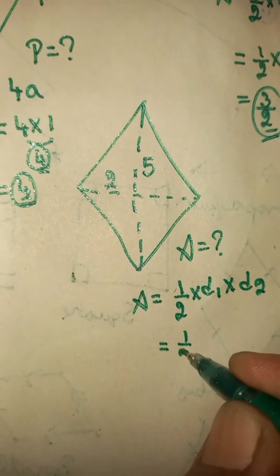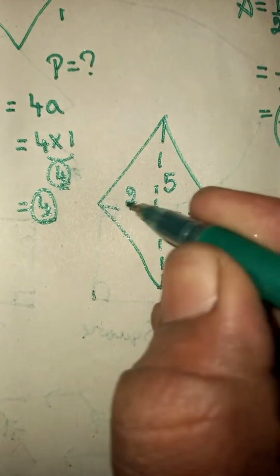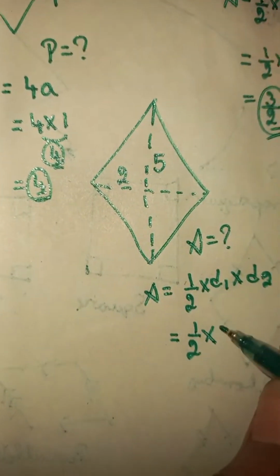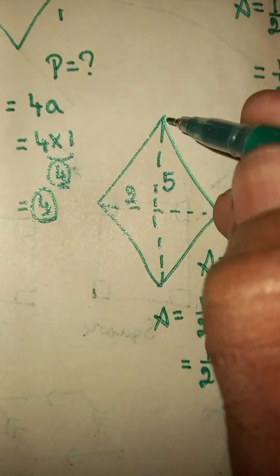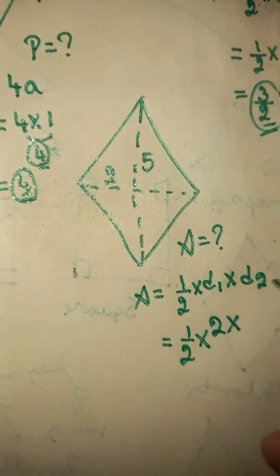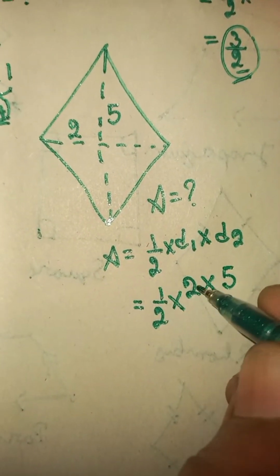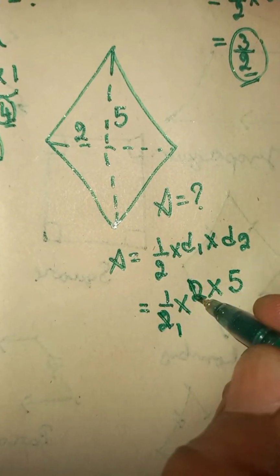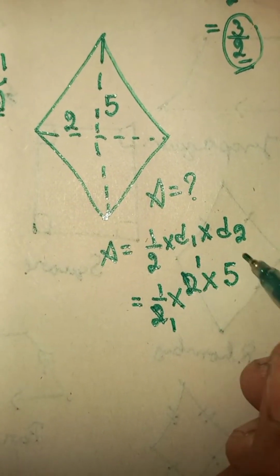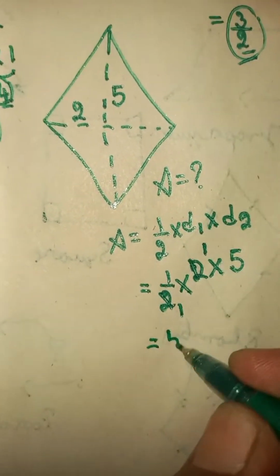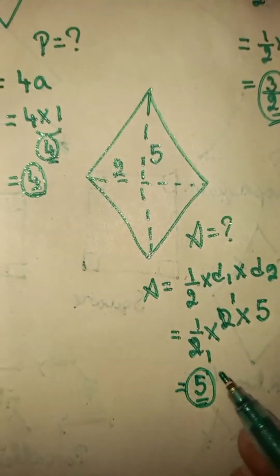So it becomes half times diagonal 1, which is 2 units, times diagonal 2, which is 5 units. You can divide denominator and numerator: 2 one times, 2 one times. Now 1 times 5 remains as 5 square units.